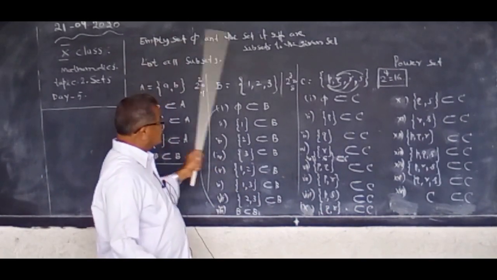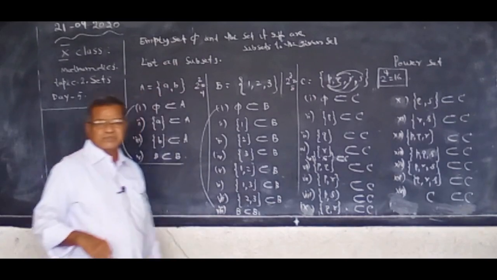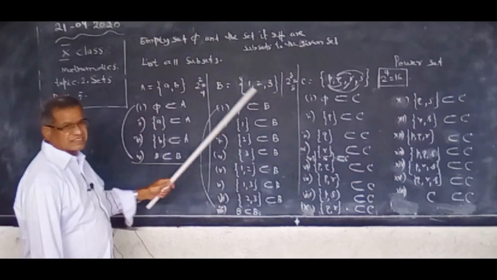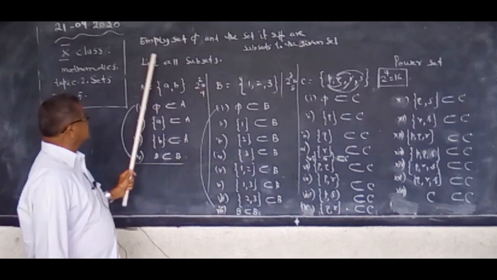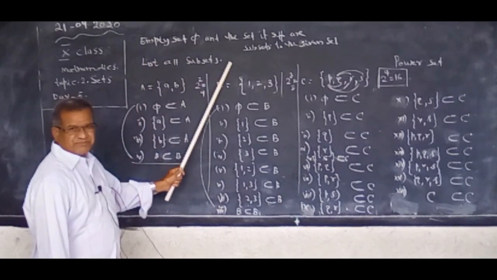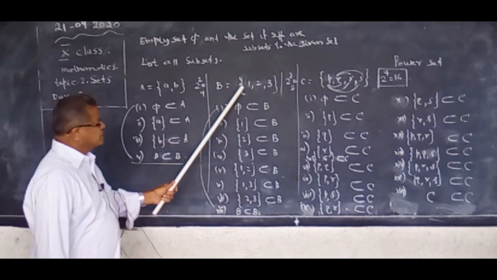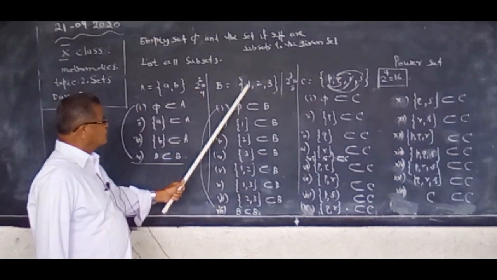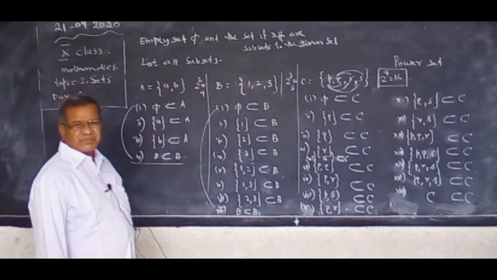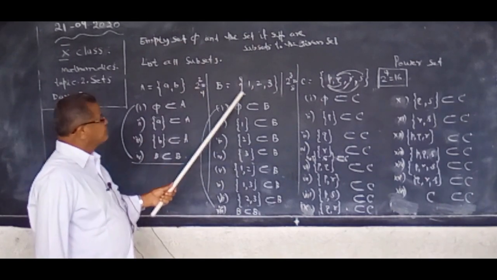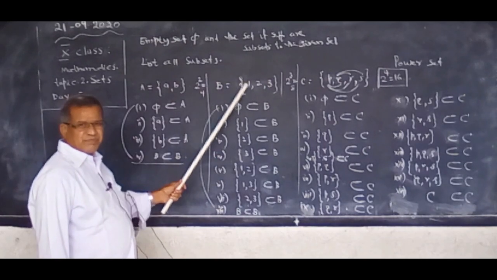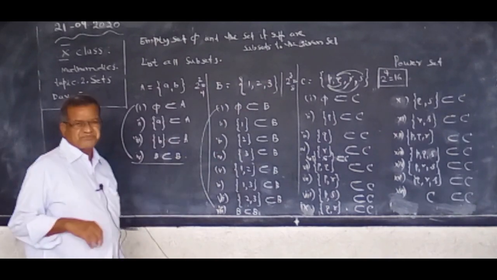So this is the way of writing subsets. They will ask under 2 marks: list all subsets of the following set, and they will give one set. They will take the elements, for example 1, 2, 3. They may ask PQR or ABC, anything.